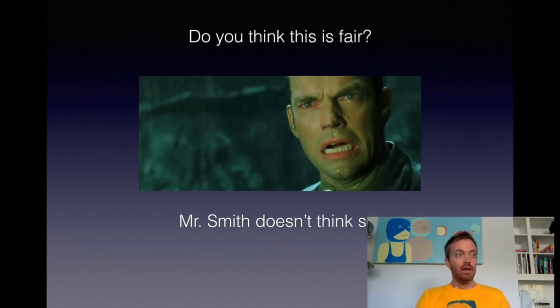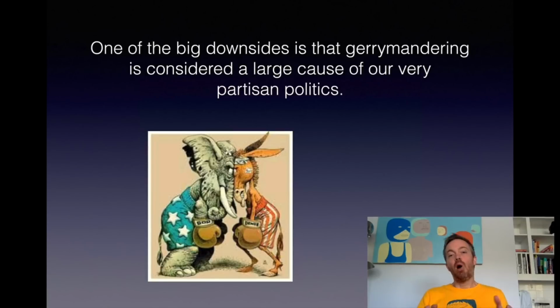And one of the big problems with gerrymandering is not only do you get this scenario where some people are overrepresented and another group of people are underrepresented, but it actually leads to very partisan politics. And the reason for that is, suppose you're in a place that's overwhelmingly Republican. You know it's going to vote Republican.